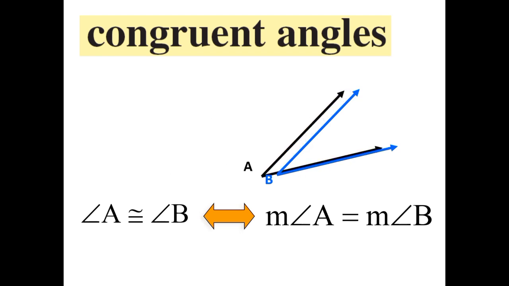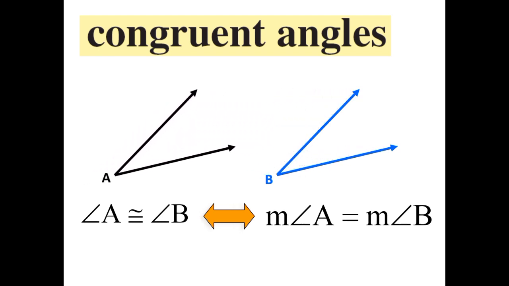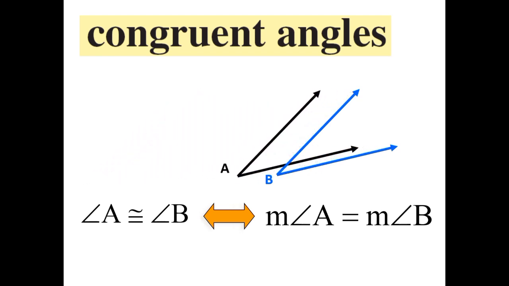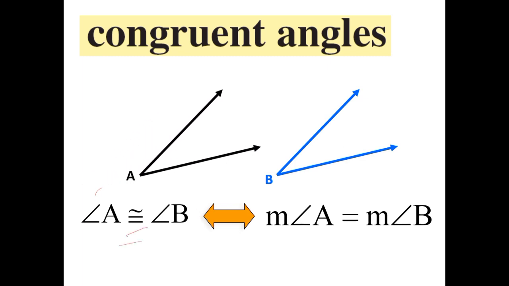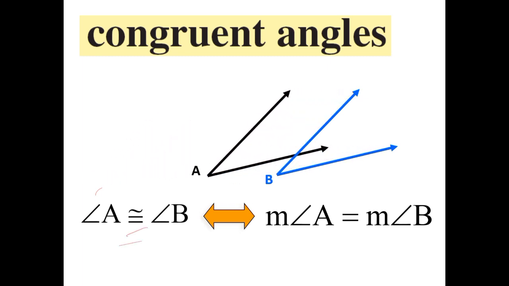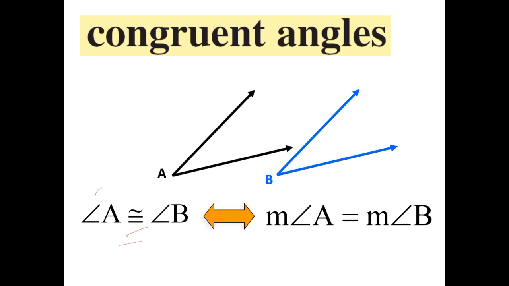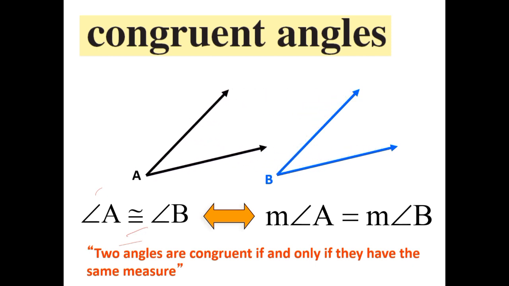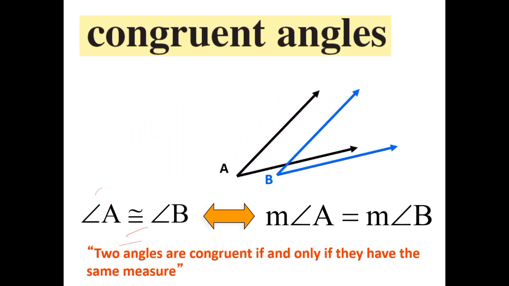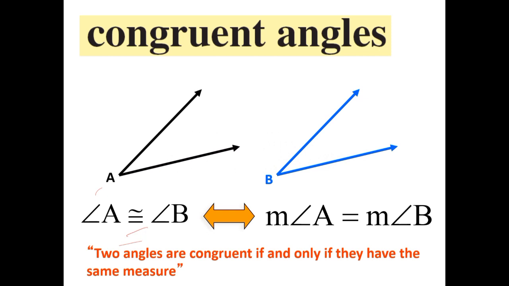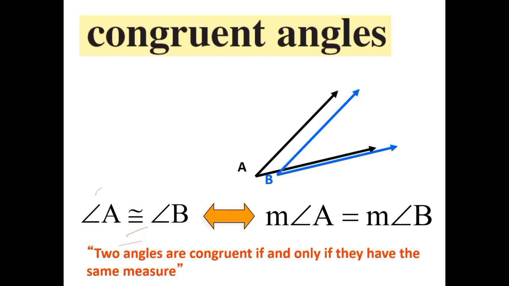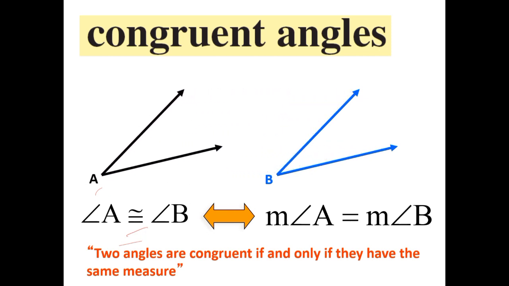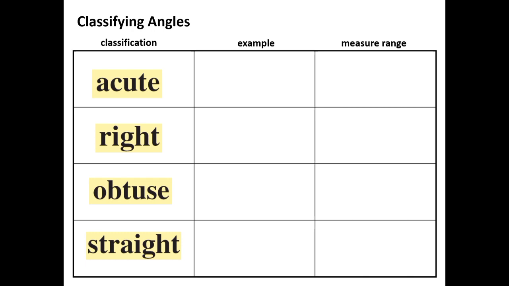So angle A is congruent to angle B, or equivalently, the measure of angle A is equal to the measure of angle B. The two angles are said to be congruent if and only if they have the same measure. We are now going to classify the different angles.